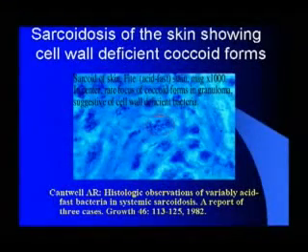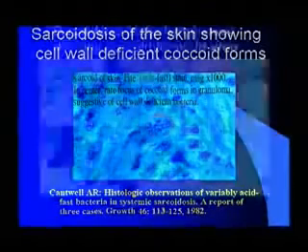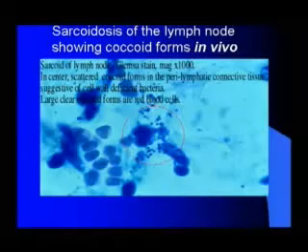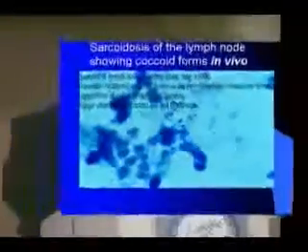Now here's sarcoidosis of the skin, and you can see in the center here these coccoid forms. This is within the granuloma area of sarcoid. Here is sarcoidosis of the lymph node. It's a Giemsa stain. You can see these tiny little coccoid forms.